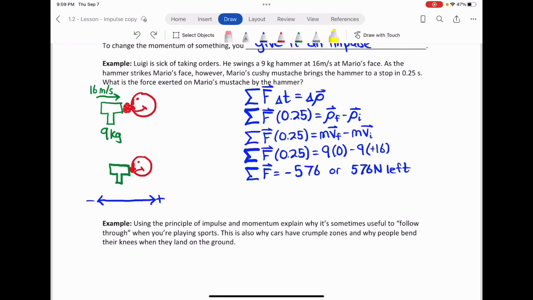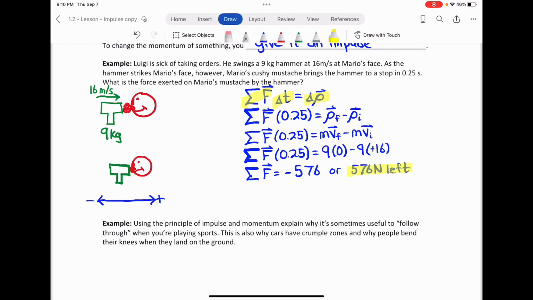The hammer is the thing that feels the change in momentum. So what this formula tells us about is the net force on the hammer and the amount of time that force acts for. So what we've actually found is that the force on the hammer is 576 newtons left.